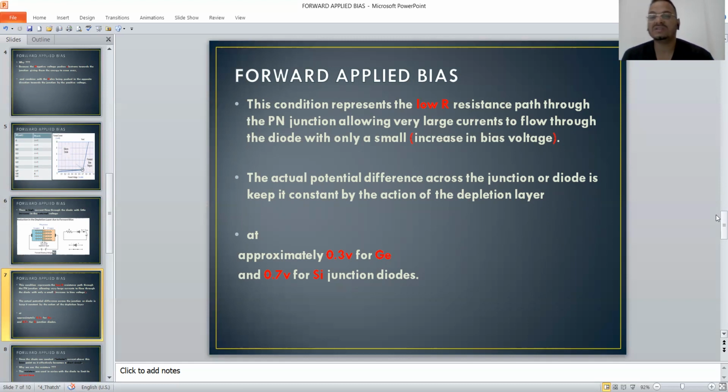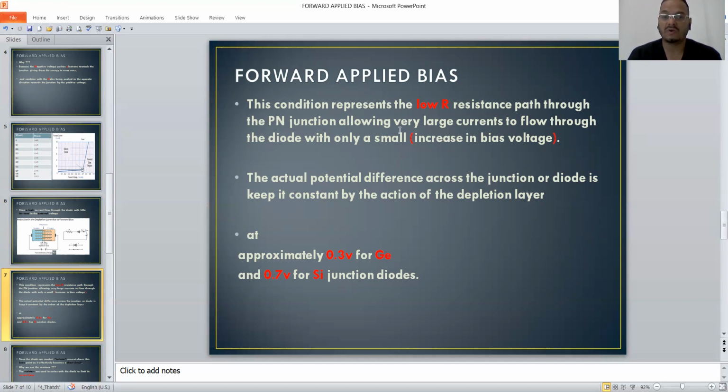What does that mean? It means that here the diode behaves as if it has very small resistance inside it, and this low resistance led the current to suddenly increase from 7 to 8 microampere.